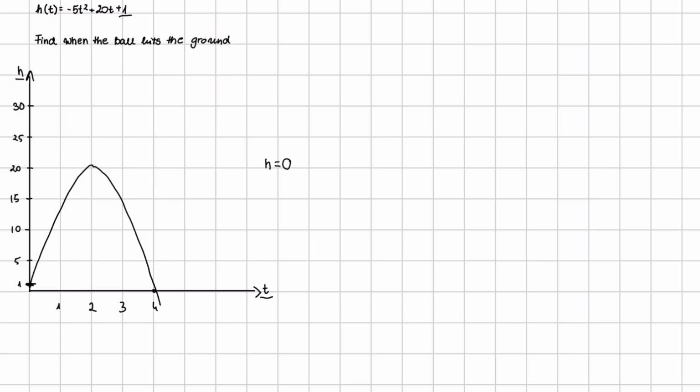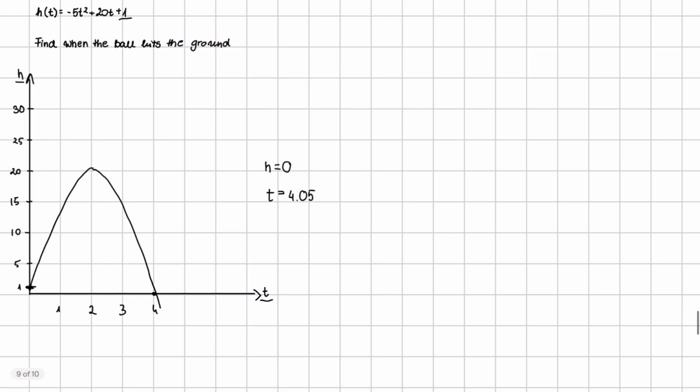So it will be t equals 4.05, or we can solve it in solver, where our function is equal to 0. And don't forget about units, we have seconds.